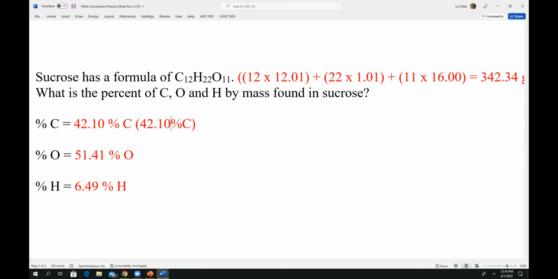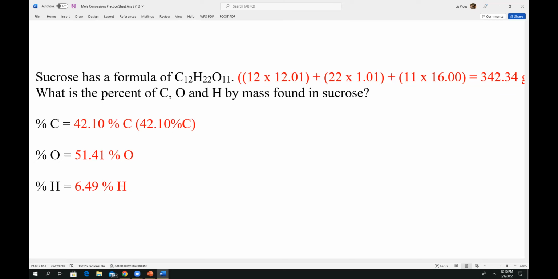All right. Never mind. I'm looking at it. Okay, delete that. Okay, I get 176 divided by 342.34 times 100. And that gives me 51.41, which is correct.